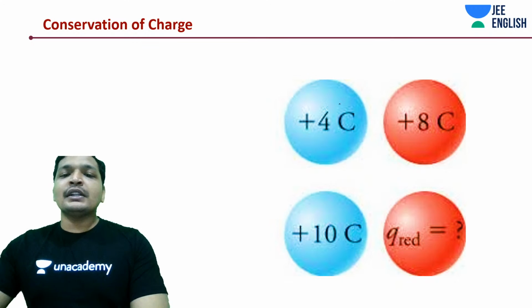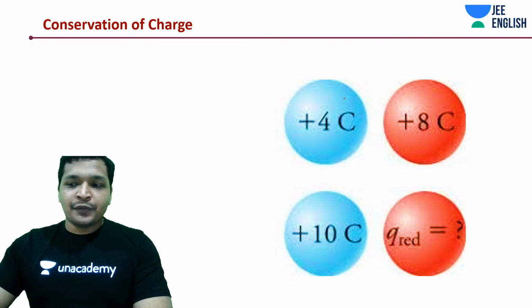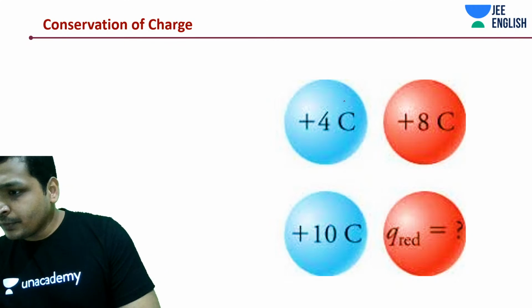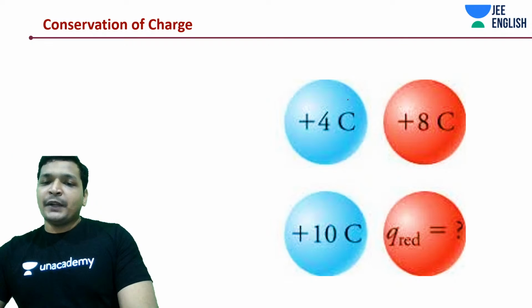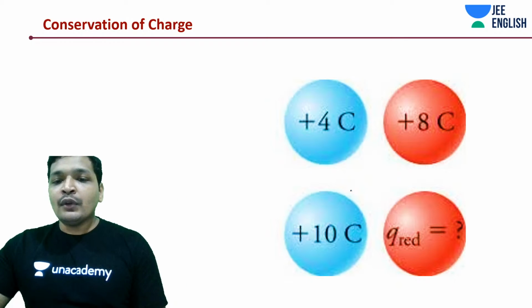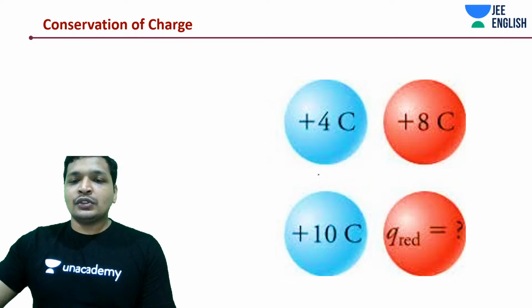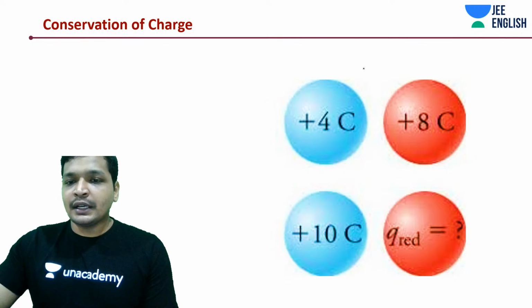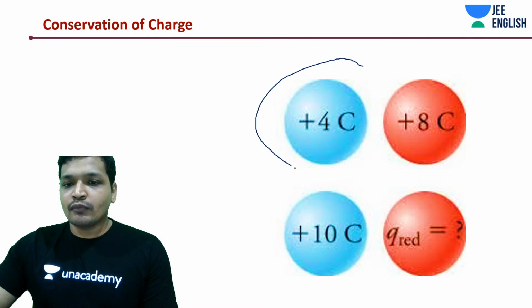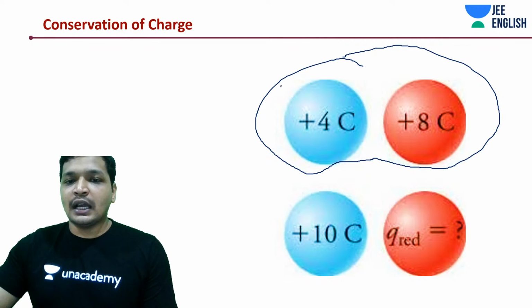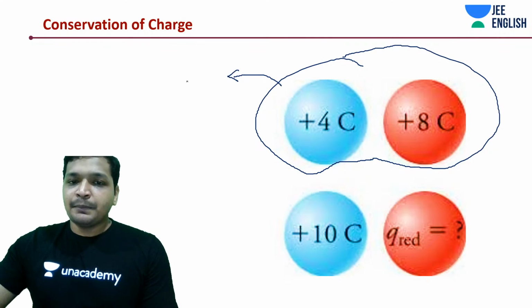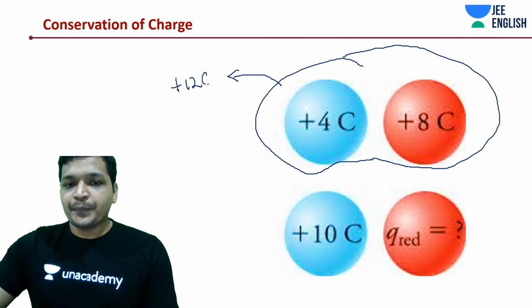For an example, here you have plus 4 coulomb and plus 8 coulomb. This green and the red form a system, let's say. How much charge does this system have? That's plus 12 coulomb.